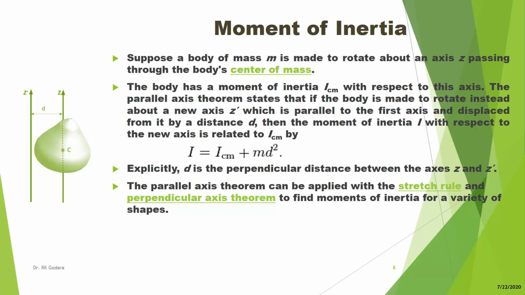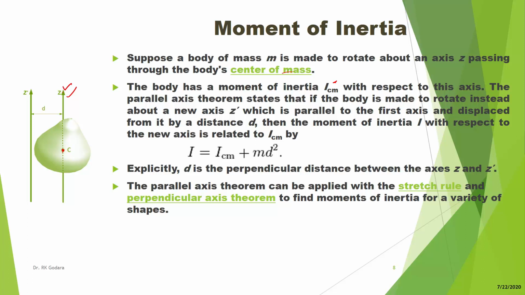And now we'll talk about the parallel axis theorem and perpendicular axis theorem. Suppose an object of mass m is made to rotate about an axis z, which is passing through its center of mass. So the body has the mass moment of inertia about its center of mass, designated by I_CM, with respect to this particular axis z.